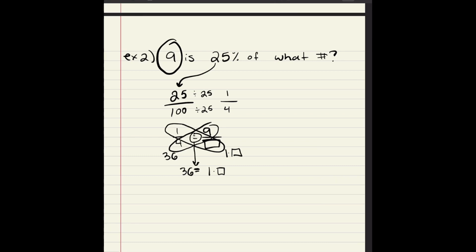I just need to bring it down. So divide 1 to both sides. This one cancels. So this would be 36 equals the unknown. So 9 is 25% of 36.